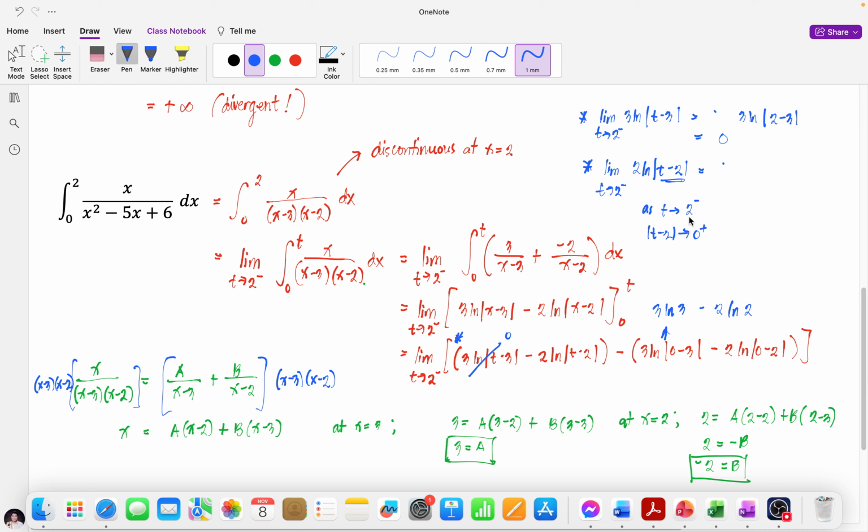And from that, ln of 0 from the right will approach negative infinity. So this is negative infinity here. That means that this one will go to negative infinity, and that is divergent. Okay, so I hope that is clear.